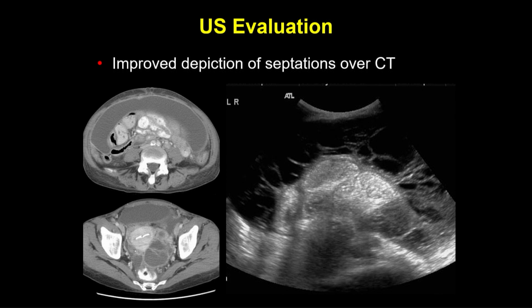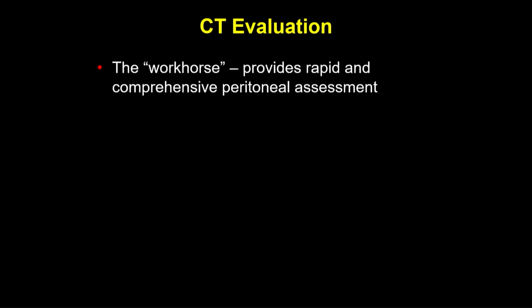When you look with ultrasound, there are tons of septations in this loculated rind. We can see the rind by CT, but you can't make out all those internal septations very well. And that IUD should make us think, oh yeah, this is actinomycosis, and that's actually what this proved to be, actinomycosis, with kind of this thick multiseptated abscess collection.